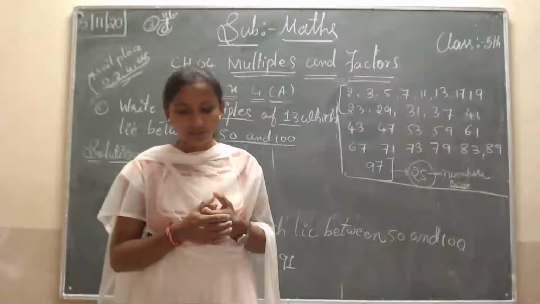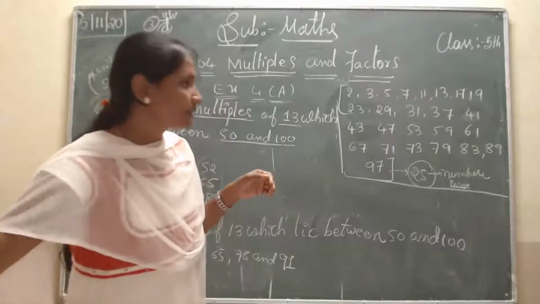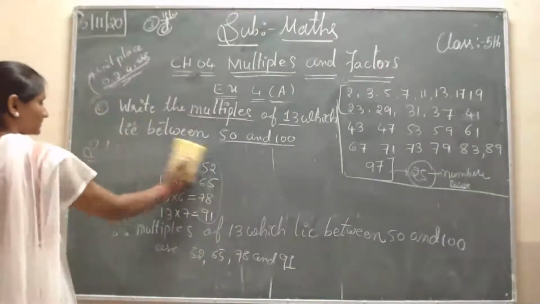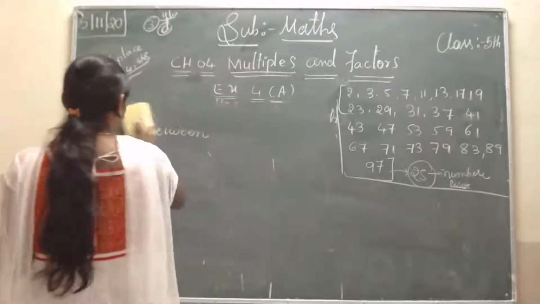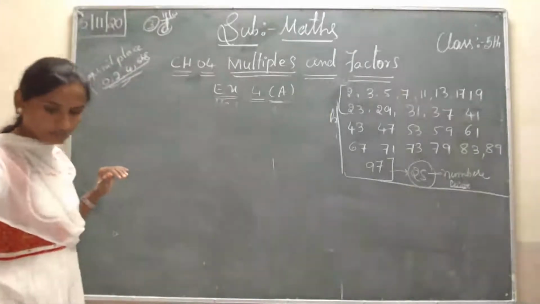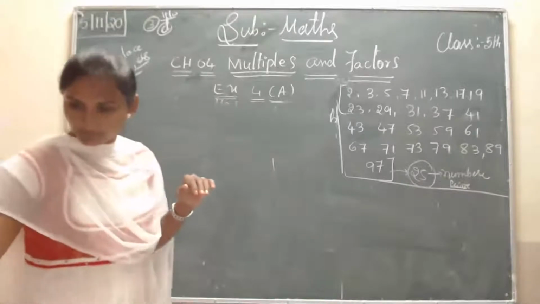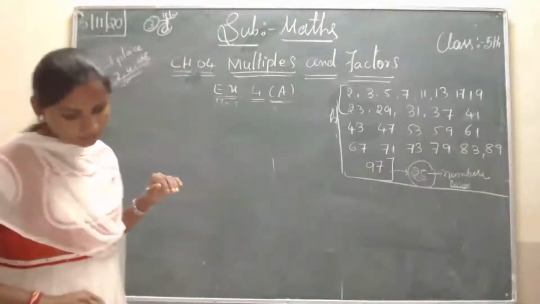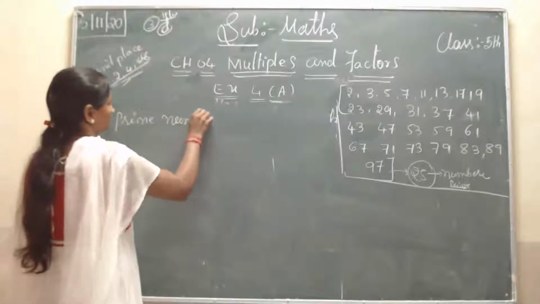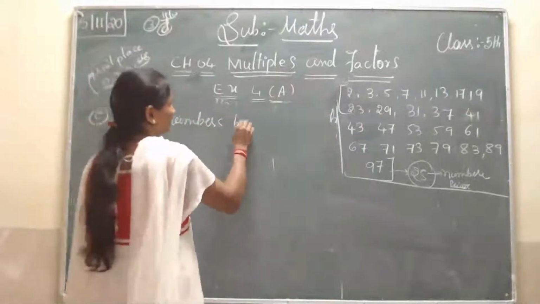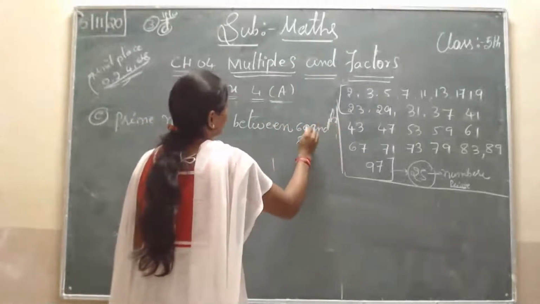This also I will give as homework. Now I will just explain it. Write all the prime numbers between 60 and 80.